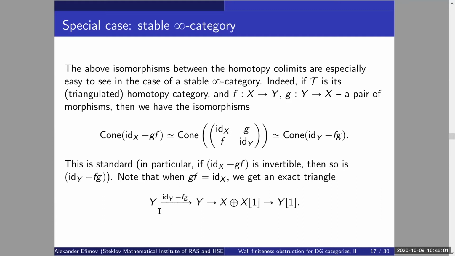Then we can express this x plus x shifted by 1 as a cone of the morphism identity minus fg from y to y. And this in particular explains that if you take any perfect complex and take its direct sum with its shift by 1, then it becomes isomorphic to a semi-free finitely generated module.